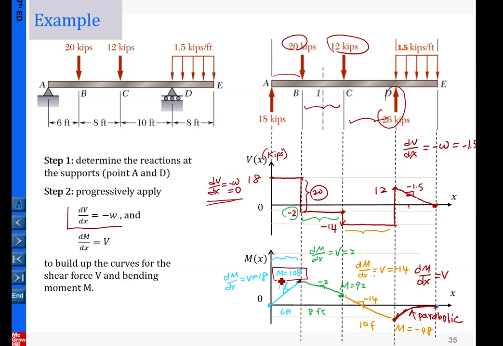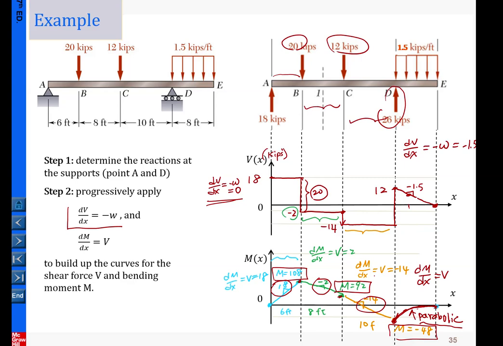You need to give me this number, and here, what is this value? You need to give me this number. And what is the turning point here? You need to give me this number, in addition to the slope. Those are what I mean by feature points. Even better, if you can indicate this is a parabolic curve in this curved segment, that would be even better.